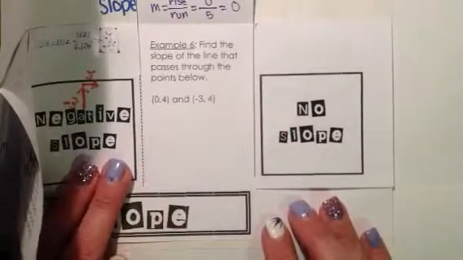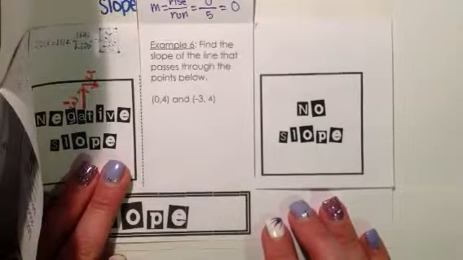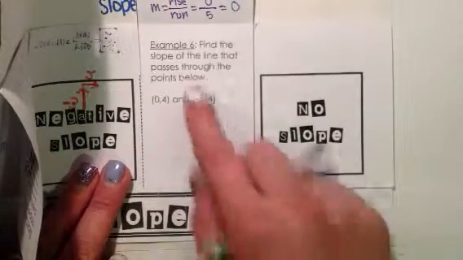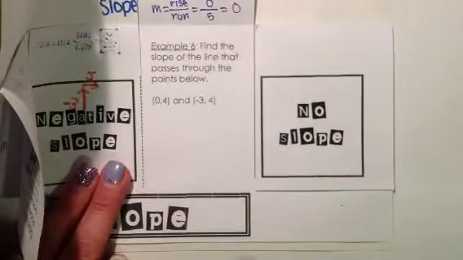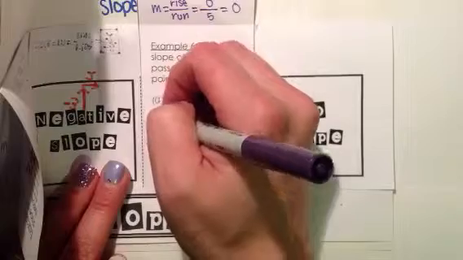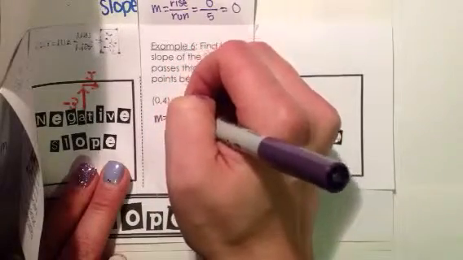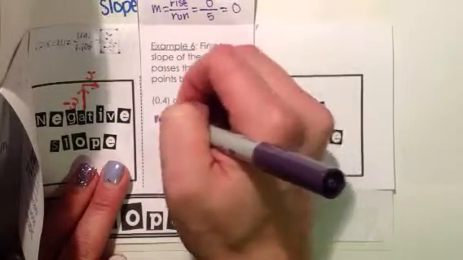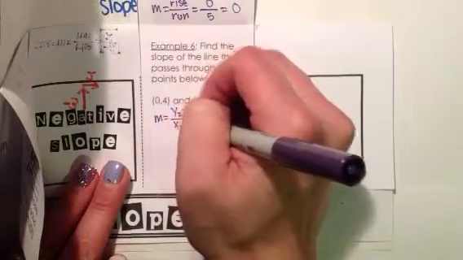Example 6. Find the slope of the line that passes through the points below. (0, 4) and (negative 3, 4). So again, I write my slope equation, m equals y2 minus y1 over x2 minus x1.